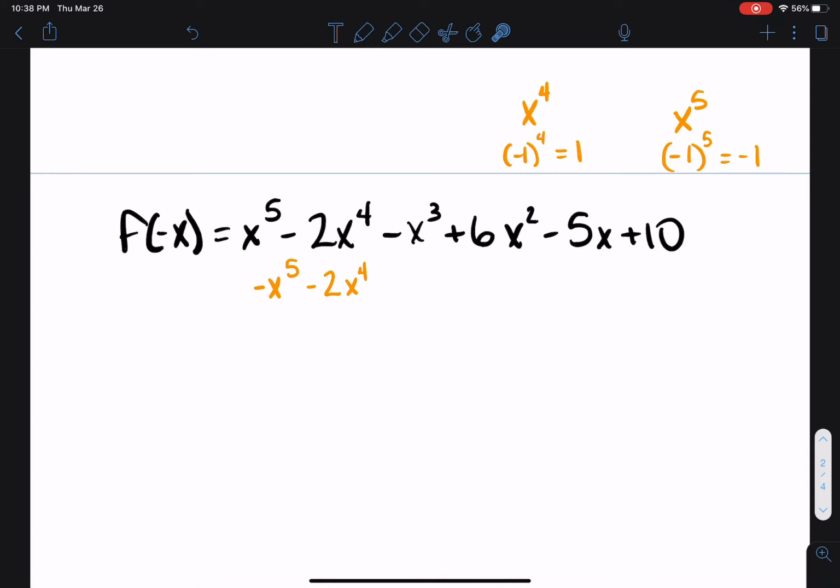All right, so let's just flip these really quick. This exponent is odd, so the sign is going to turn positive, is what I meant to say.